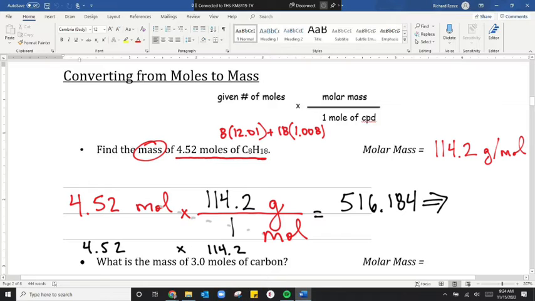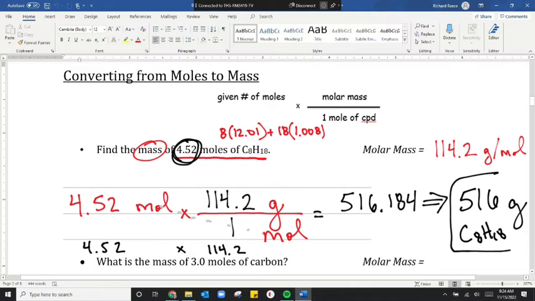And we look at 4.52. That's got the 3 sig figs we started with. So I need just to round it, like you said. 516. What's my unit going to be this time? Grams. This time grams. Moles cancels. We're converting to mass. And there's what we'll get there. 516 grams of octane.